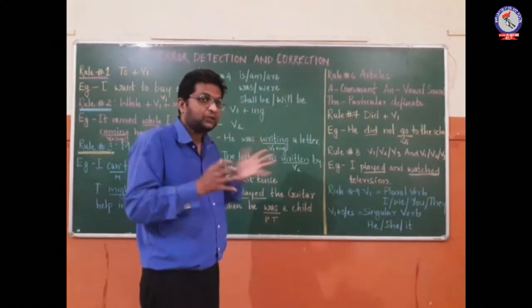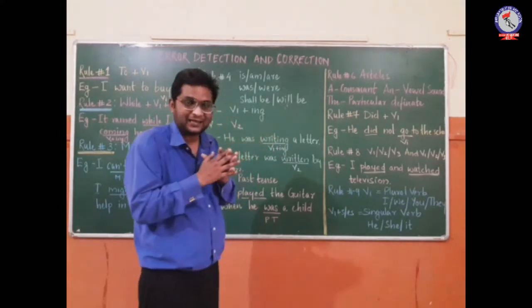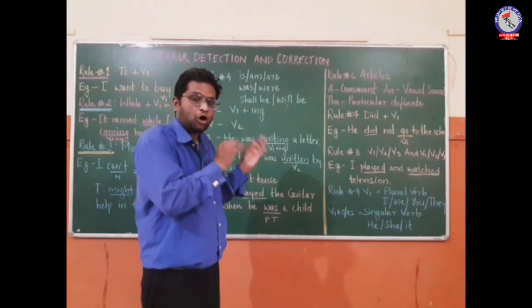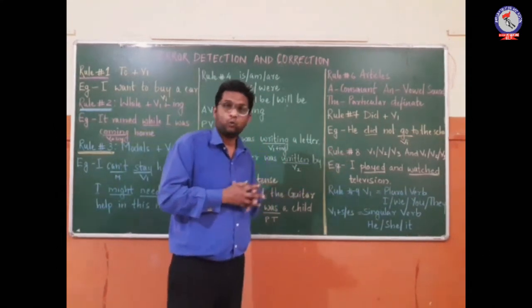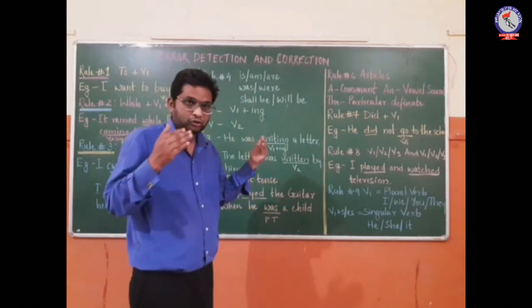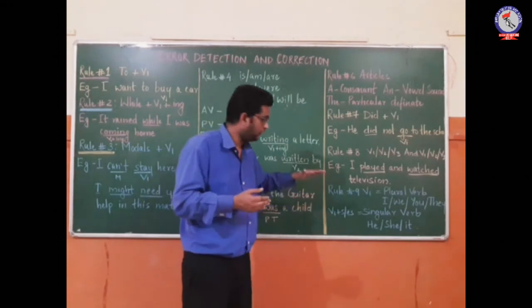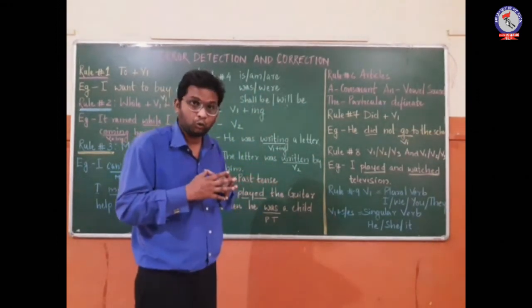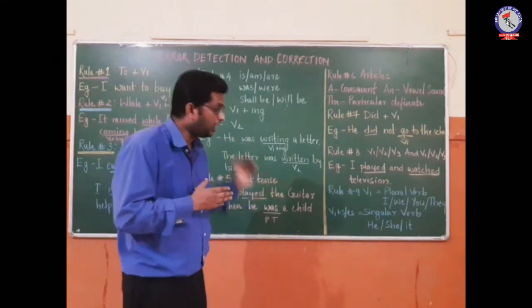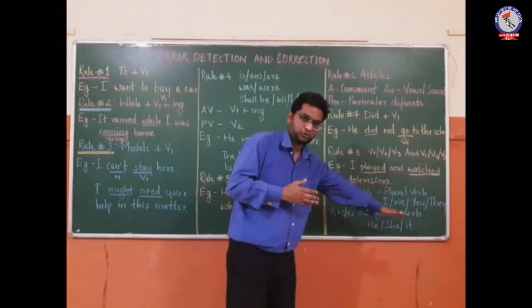So normally we think that S or ES is used after the plural verbs. Now that is not right. S and ES will be used with the singular verb, in the condition if we use he, she, it.